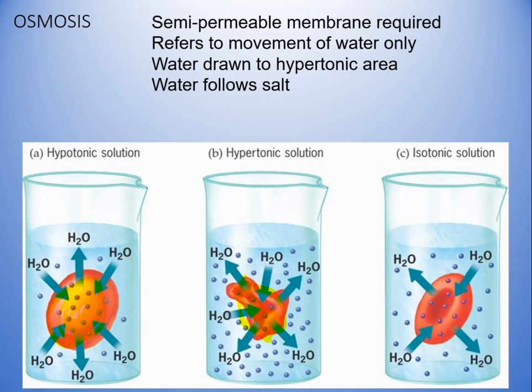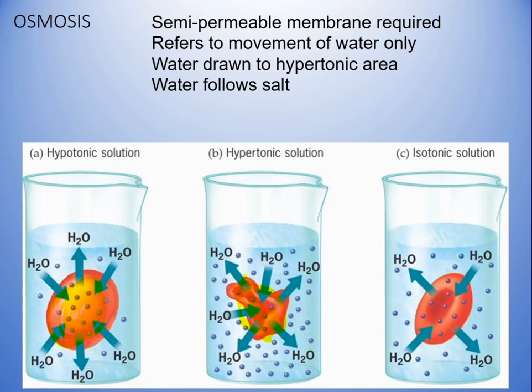Yes, there are some drugs that are diuretics, and what they do is they make you release lots of salt into your urine. That's how they work. And then the water follows the salt. And this is a reference to the direction in which water will flow. Water will flow across a membrane to a hypertonic area.